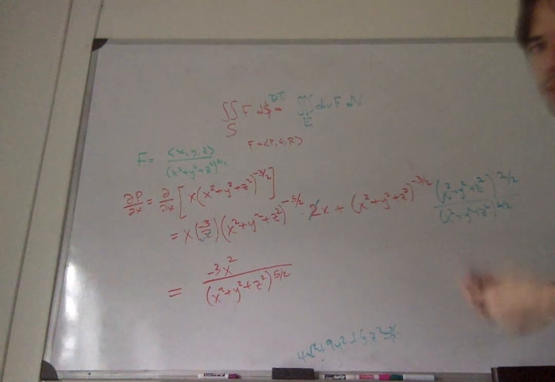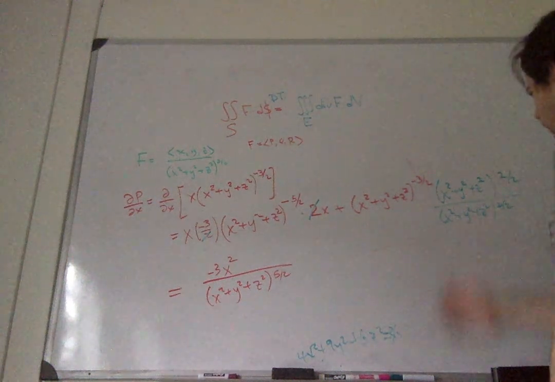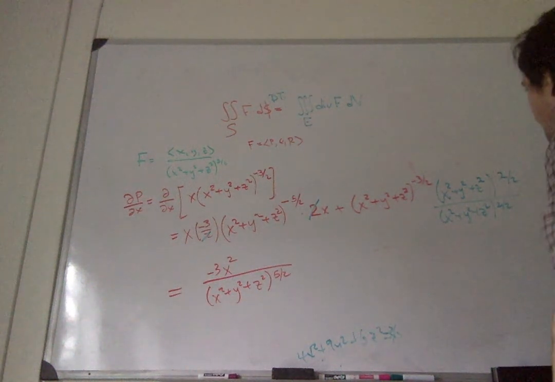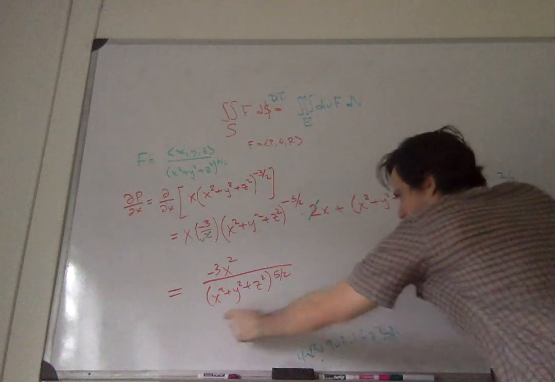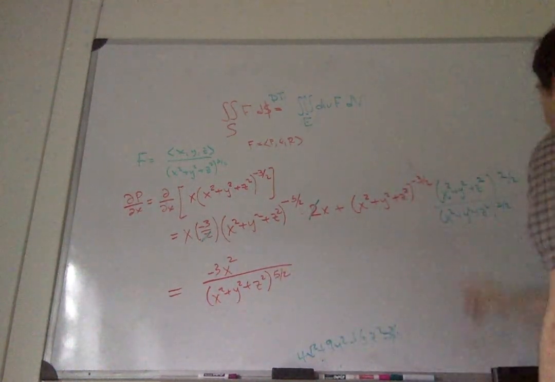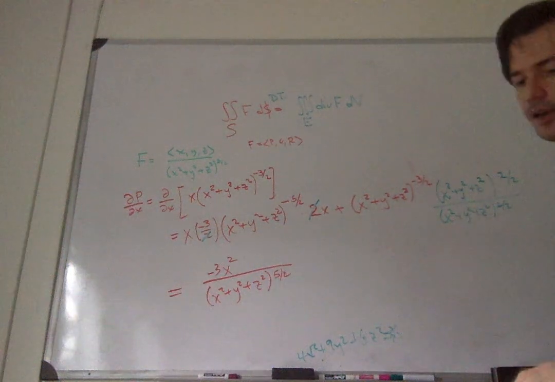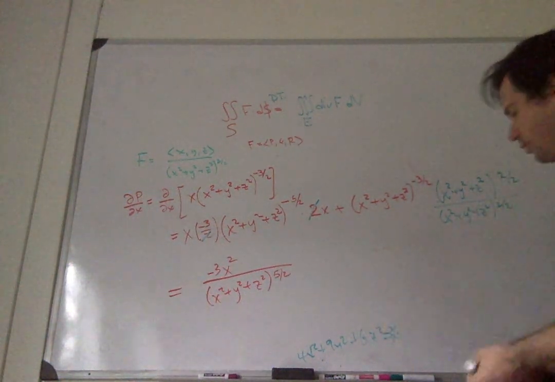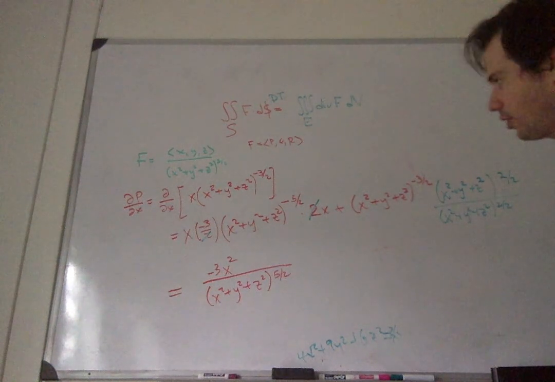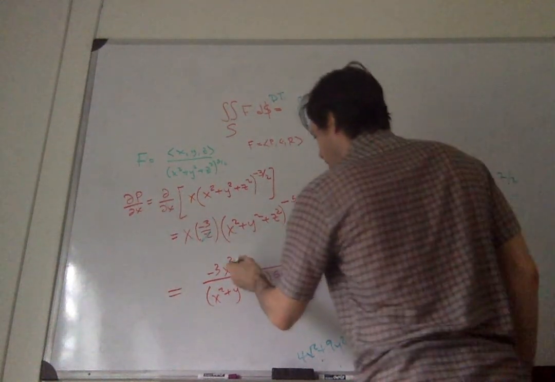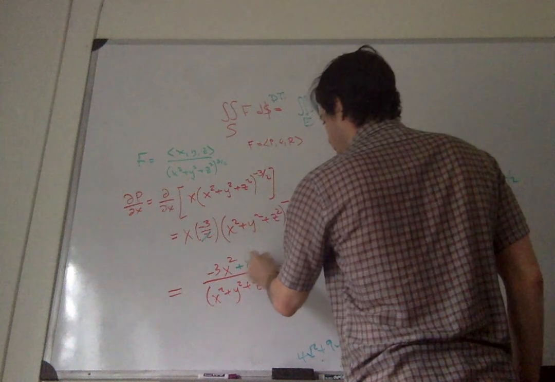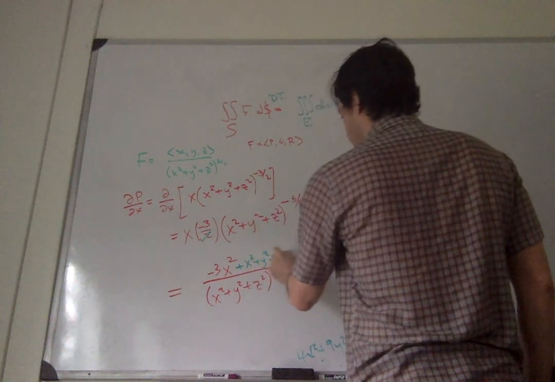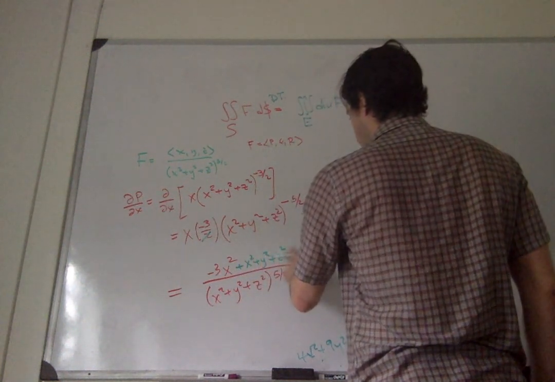Okay, so I'm just multiplying it by 1 in a clever way, and when I combine them, the bottom is going to be that, and then the top is just x squared plus y squared plus z squared raised to the 2 over 2, which is just raised to the first power. So I can rewrite this as x squared plus y squared plus z squared.